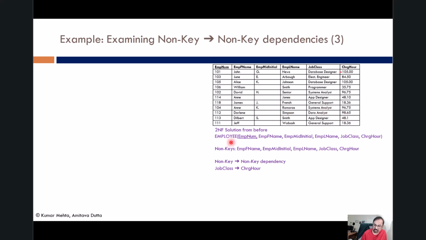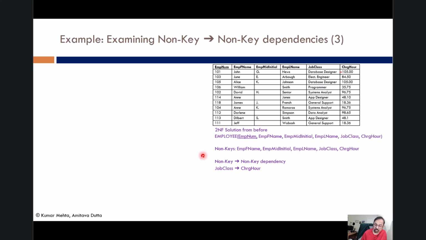If I wrote this second normal form solution out in text form, I would say employee, that's the name of the table. Employee number, that's underlined, that's the primary key. And then you have all these other non-key attributes: employee first name, middle initial, last name, job class, and charge hours. So here's a list of the non-key attributes.